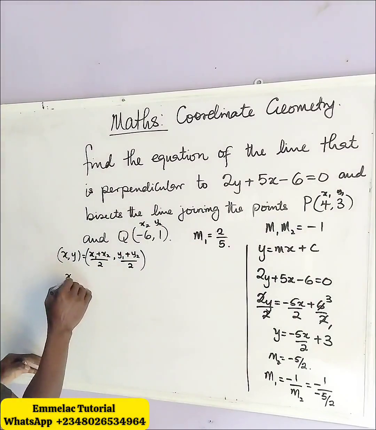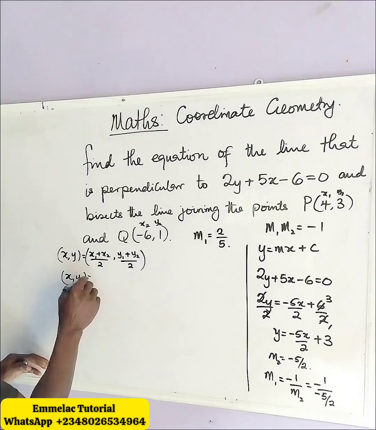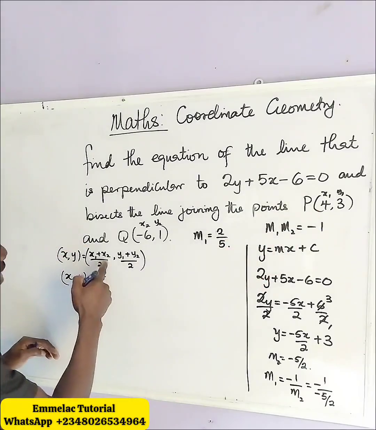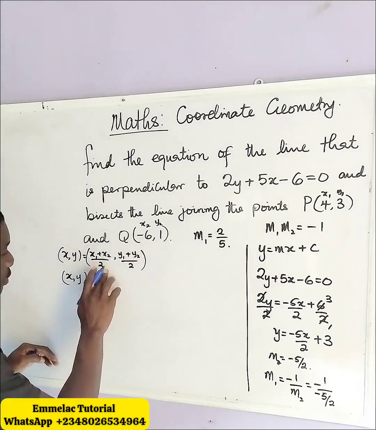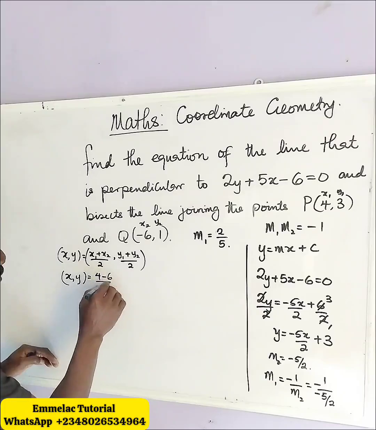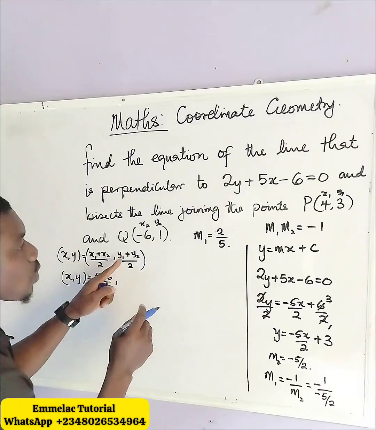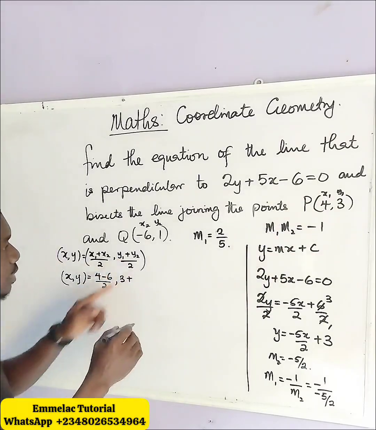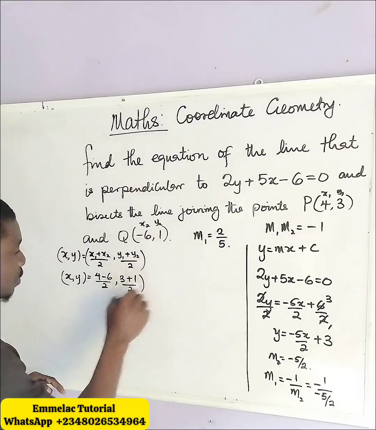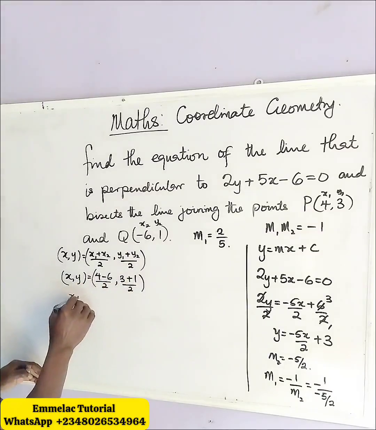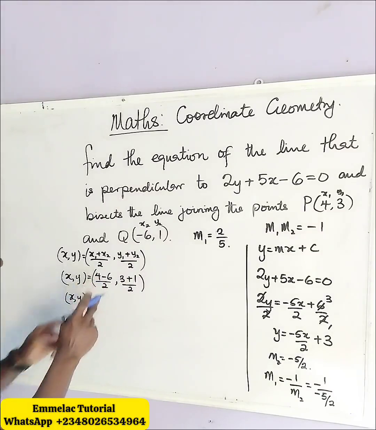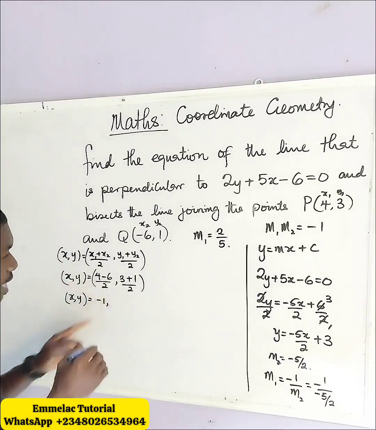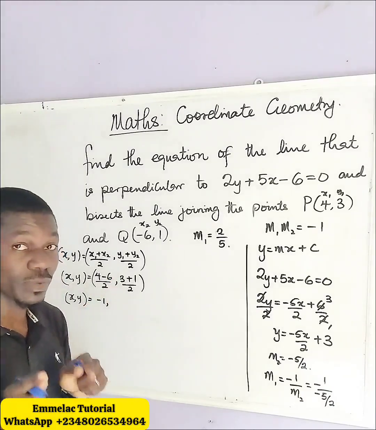So x, y equals x1, which is 4, plus x2, negative 6, all over 2, then y1 is 3 plus y2 is 1 all over 2. So x, y: negative 2 divided by 2 gives us negative 1, then 3 plus 1 is 4, 4 divided by 2 is 2.